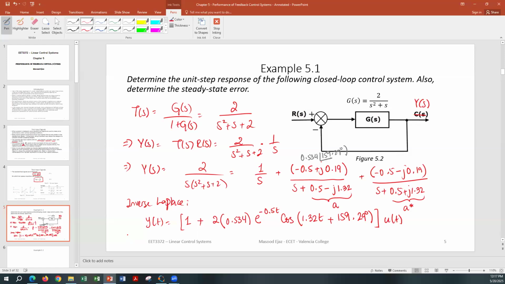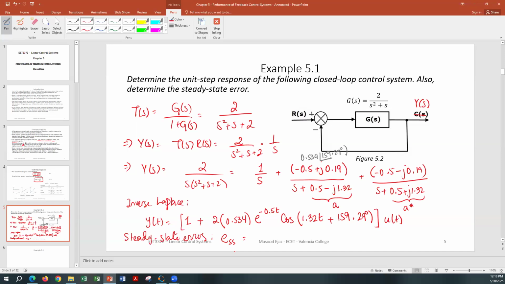And steady state error, we can just do it here. What do you think the steady state error is? Error, we're talking about error. No, steady state error we are talking about, remember.